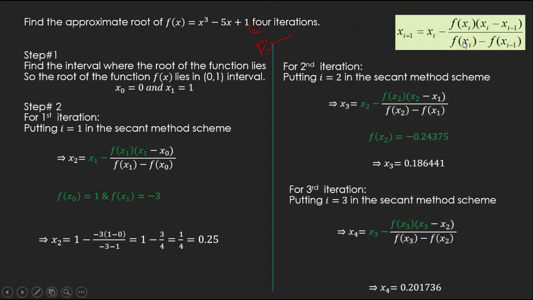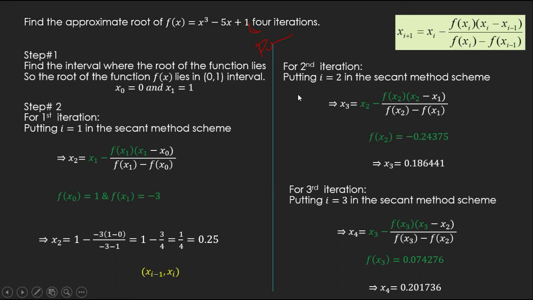So the general expression for the interval is xi minus 1 and xi. If you are performing the first iteration, then your interval will be x0 and x1, your initial guesses.